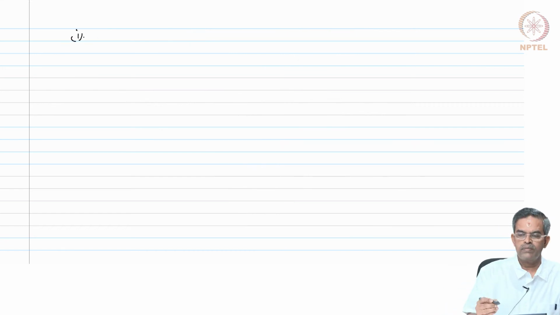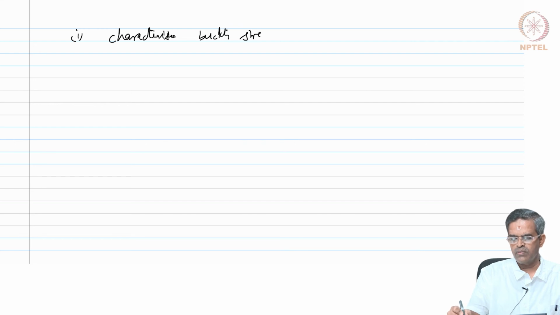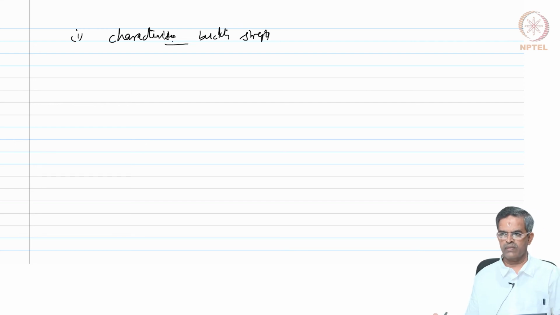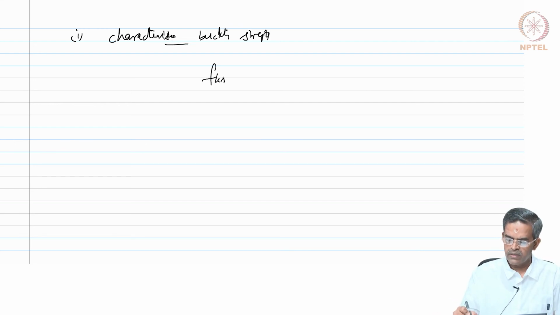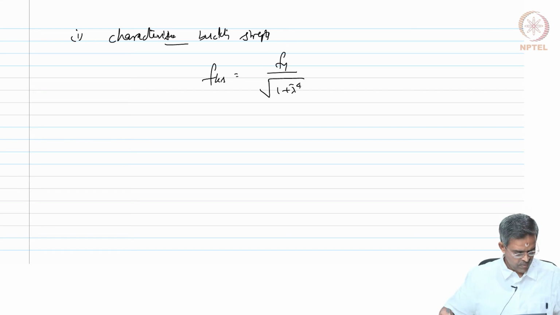First, let us find the characteristic buckling strength. I am using the same code, rather the same class. Fks is given by Fy by root of 1 plus lambda to the power 4, we call this equation number 10.